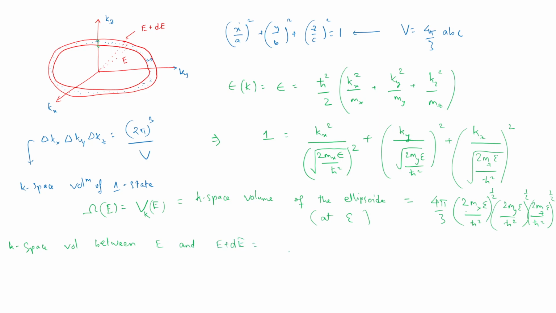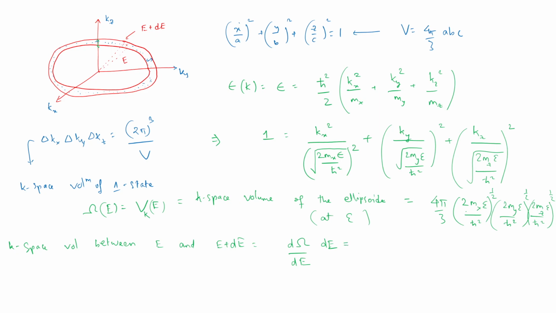So this will be given by just d omega by dE times dE. So this will be your k space volume between these two.